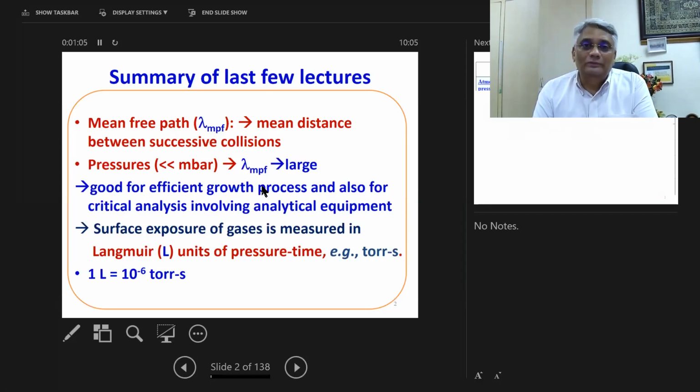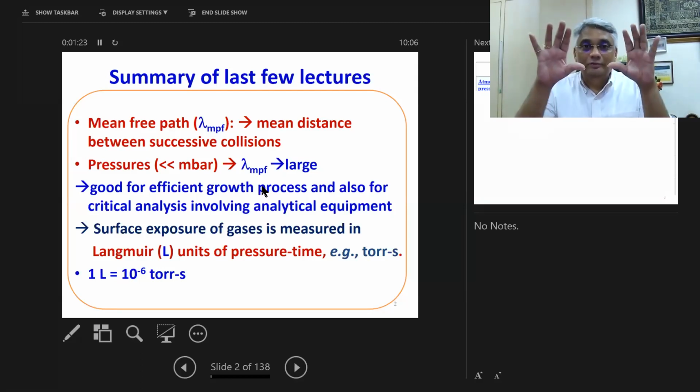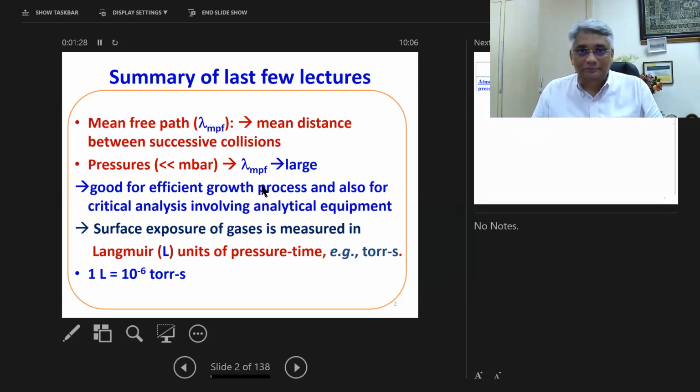So these vacuum levels also ensure that the mean free path of these emanated particles or atoms reach the substrate without having to collide with the gas molecules that may be present otherwise if you're doing a deposition in a certain gas partial pressure.